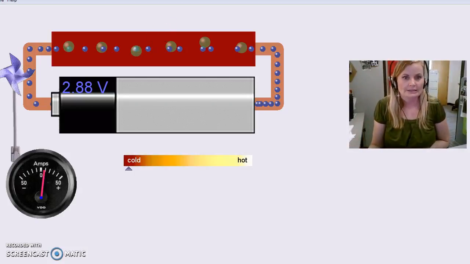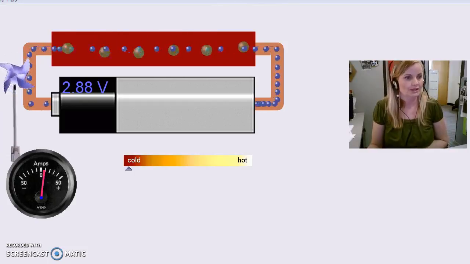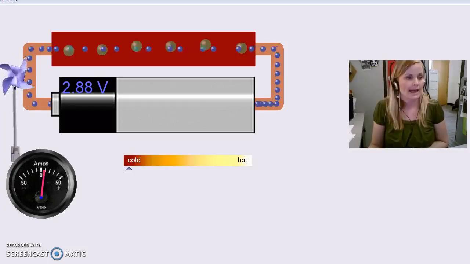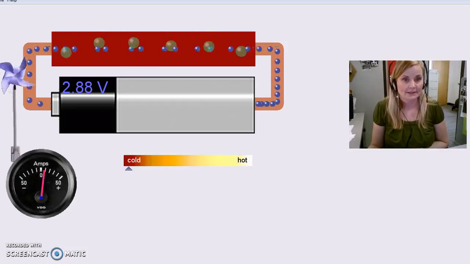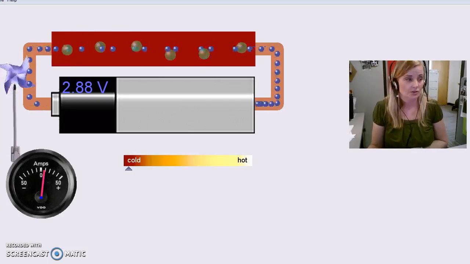So let's kind of look at this. Notice the electrons are flowing out of the negative end and into the positive end. This is actual electron flow, not conventional current.